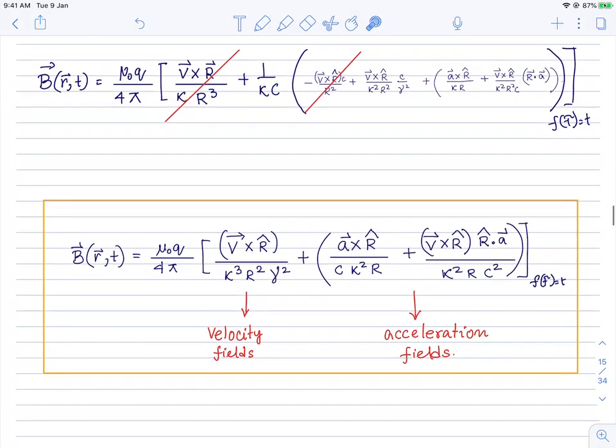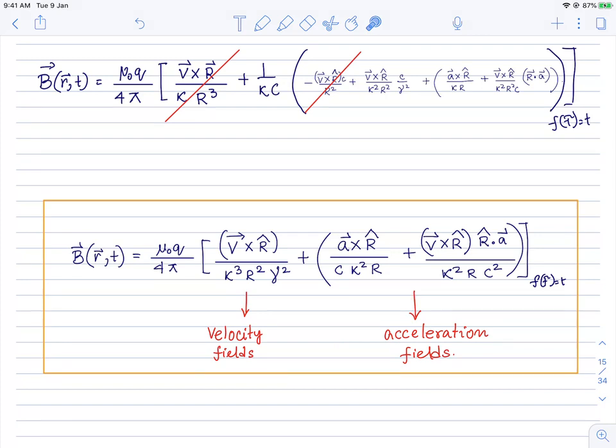Again, the magnetic field also has two kinds of terms. One is the so-called velocity fields, which have higher powers of r in the denominator. They are non-zero and more important near the charge, whereas the acceleration fields go as 1 over r, and therefore they are more important farther away from the charge compared to the velocity fields.